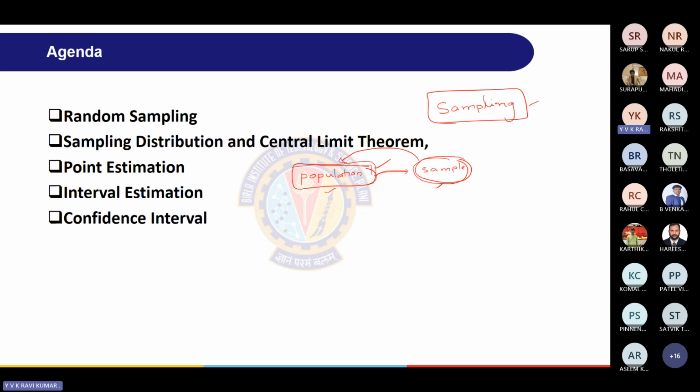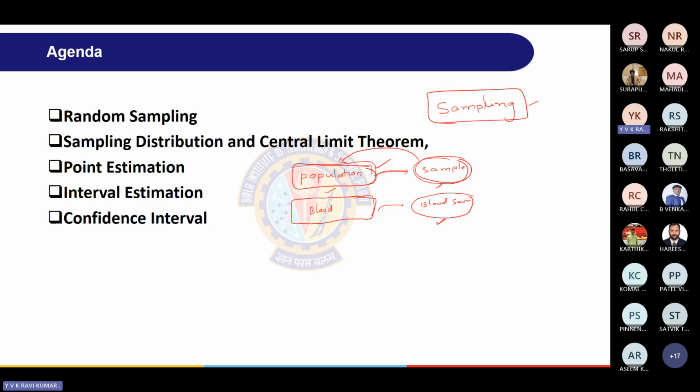Take blood. If you take the entire population, meaning the entire blood in the body, to study the blood picture, do you think we have to take out the entire blood, keep it in a bucket, do the analysis, then inject it again? No, that's not possible. That is why they collect blood samples and do all the testing on this.